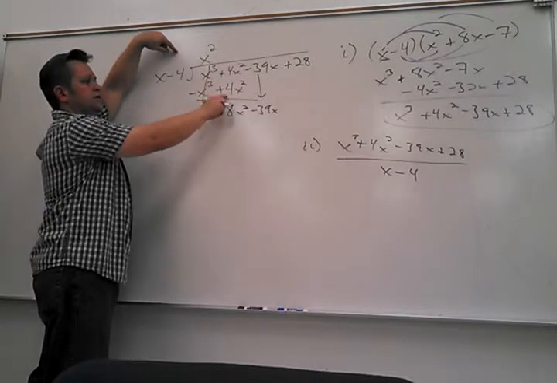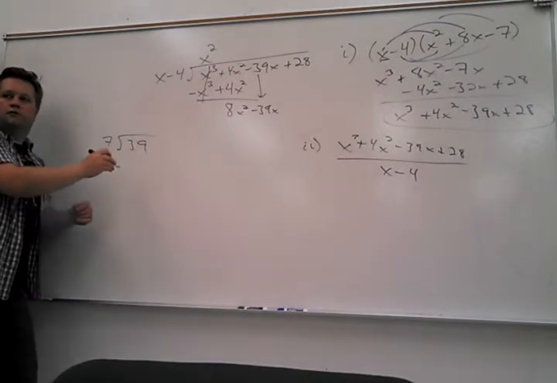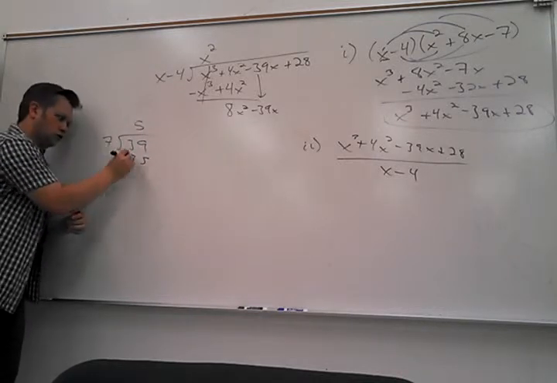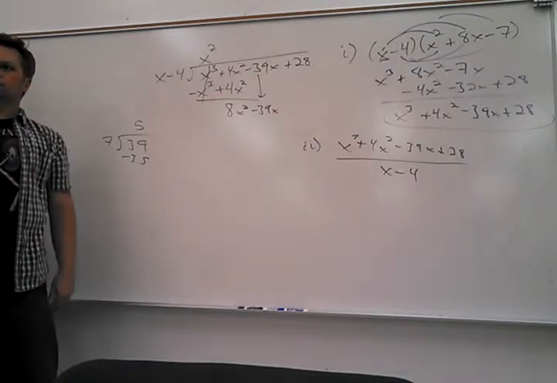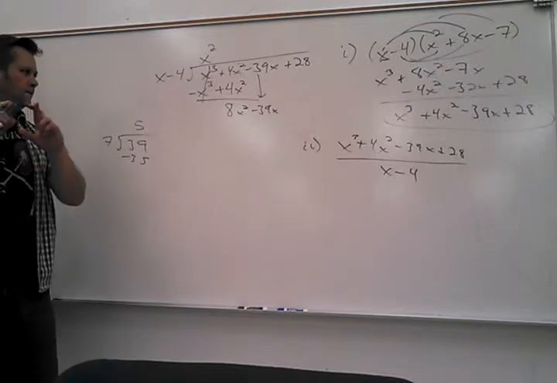And then I change the signs because when you do division, if you did 7 goes into 39, you would say 5, multiply, subtract. So you just change the sign on that next step, right? Okay, good. Easiest thing to forget when you're doing this.